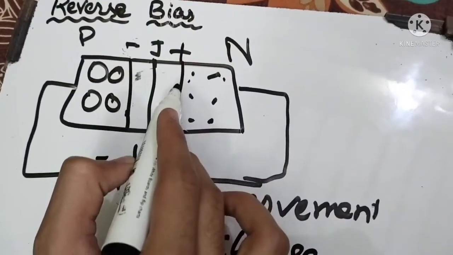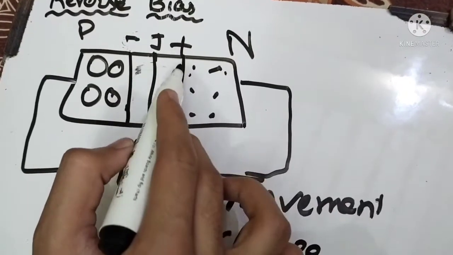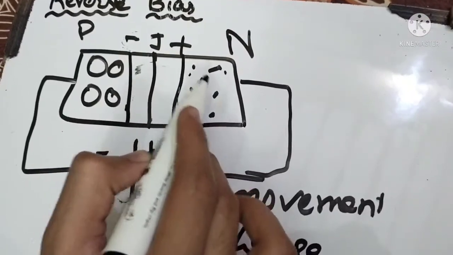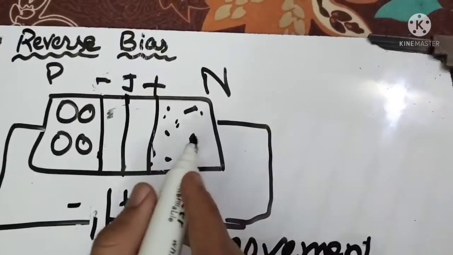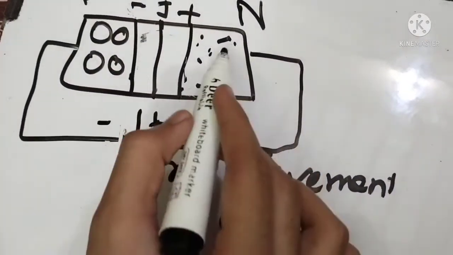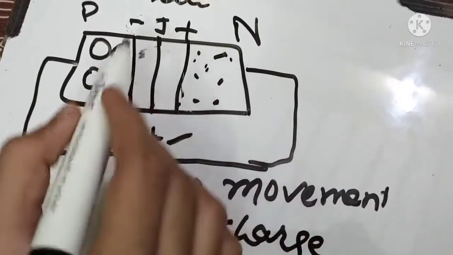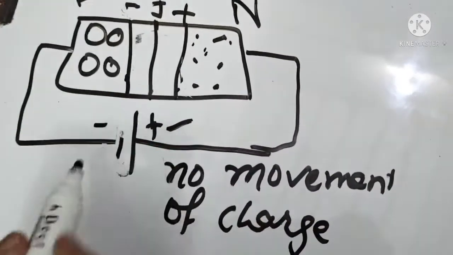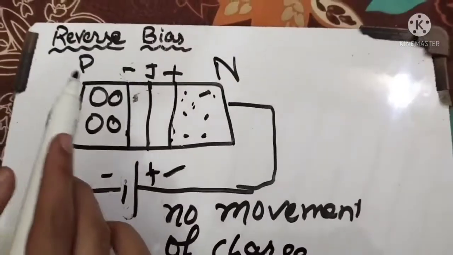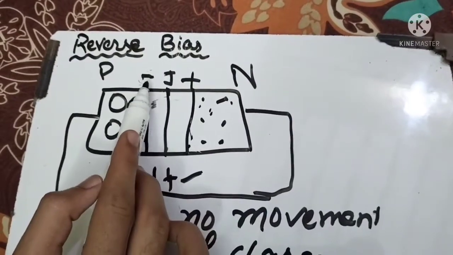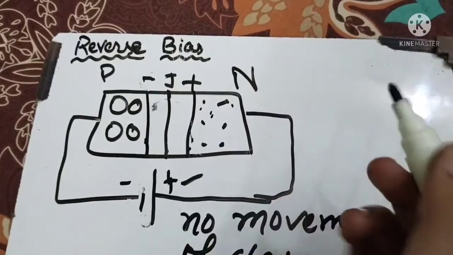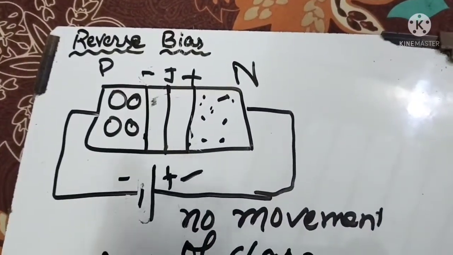Let's take this semiconductor, the PN junction. This negative plate will repel, and this positive plate will attract the electrons of the N-type semiconductor. So the electrons will be drawn in this way, and in the p-type semiconductor, the holes will be attracted by the negative charge, and holes will also be attracted by this negative side of the depletion layer. So this was the reverse bias.